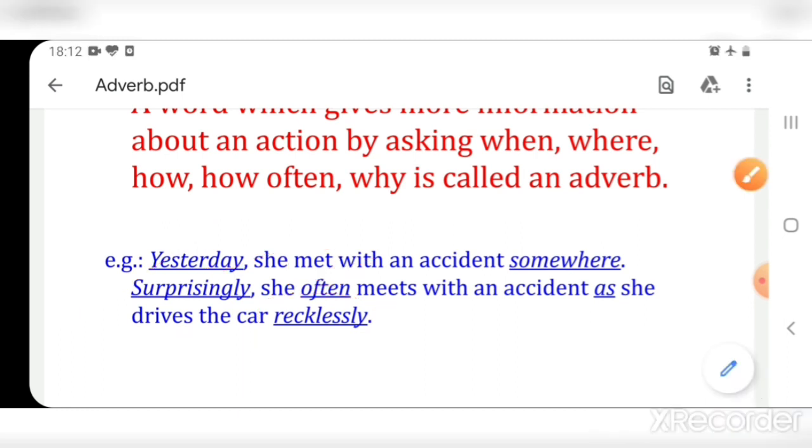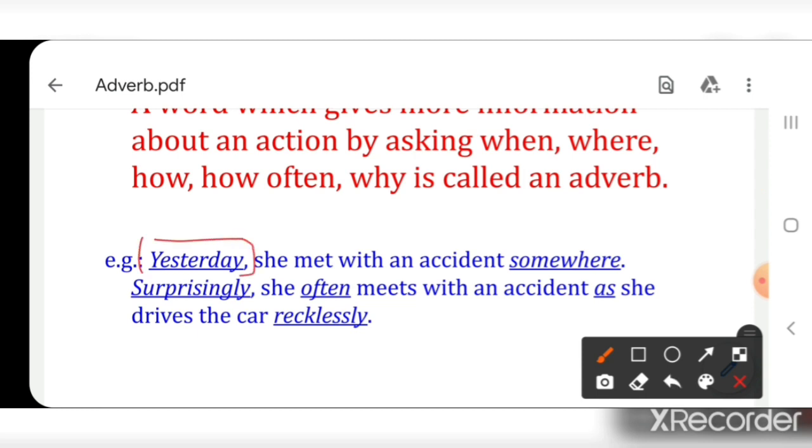Okay, so we are getting answers through these adverbs: when that action took place, when she met with an accident, where she met with an accident, and there is another word also which is describing the whole sentence, how often that action takes place, why that action takes place and how that action takes place.